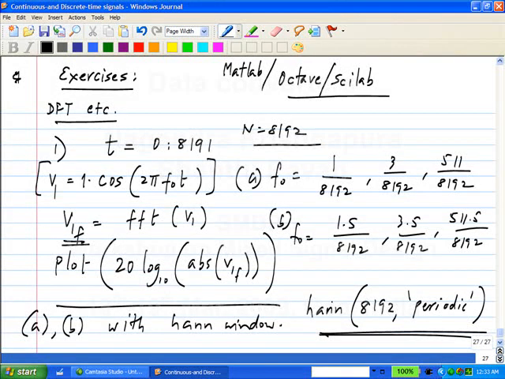Okay. So the DFT is calculating the Fourier transform on these frequencies, some k by 8192, right? And in the first case, in A, the frequencies are coincident with this, and in the second case they are not. So you will very clearly see what the effects are. Okay. And also when you take the Hann window here, you should see what happens.